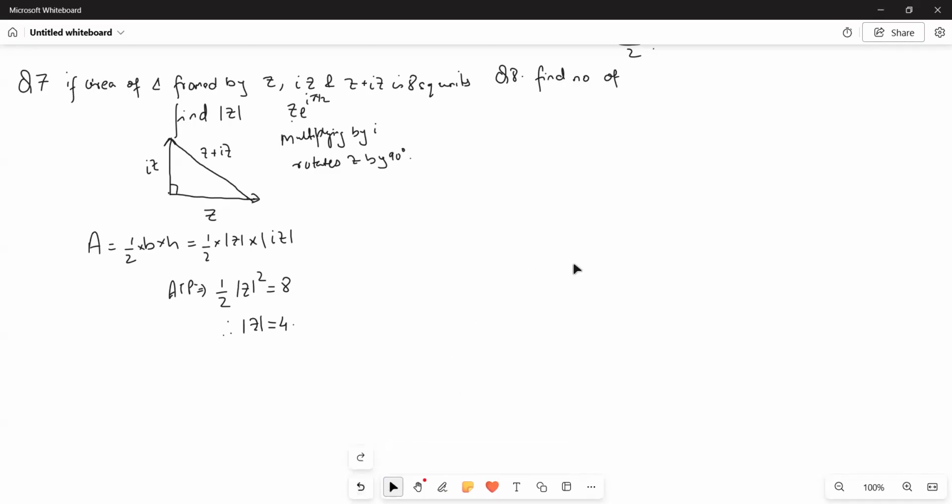Find the number of complex numbers satisfying the equation z square is equal to z bar into 2 to the power 1 minus mod z. Find the number of complex numbers satisfying the equation z square is equal to z bar into 2 to the power 1 minus mod z.